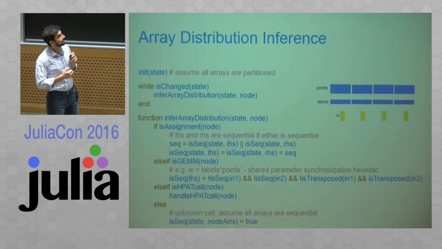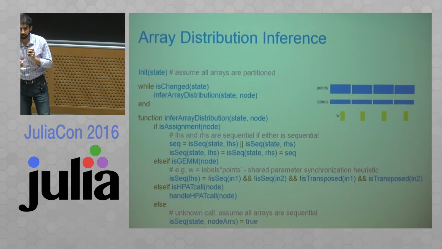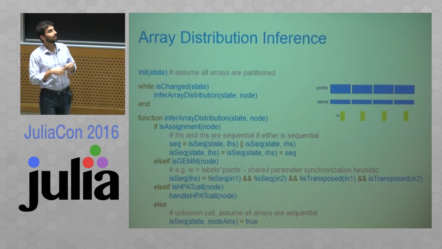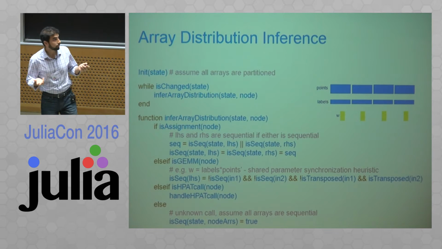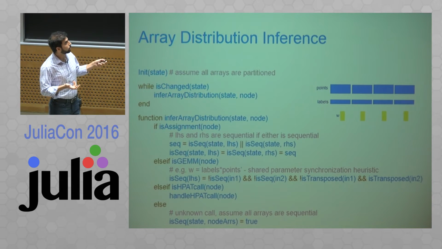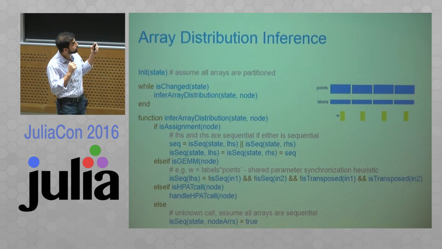So what is the secret sauce? How does this work? The secret sauce is this array distribution inference algorithm. We want to partition these matrices, these arrays this way, and we want to replicate this guy, my model guy, this way, and make everything work, communication, and so on.